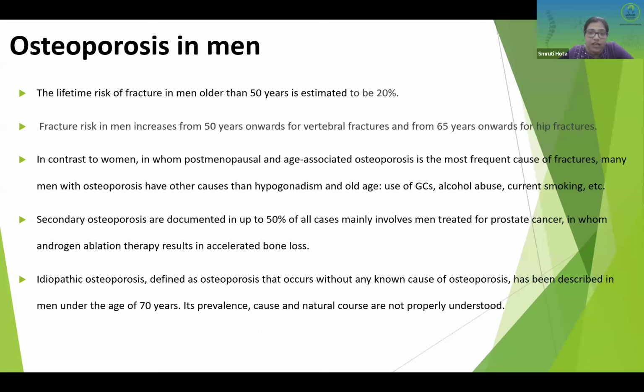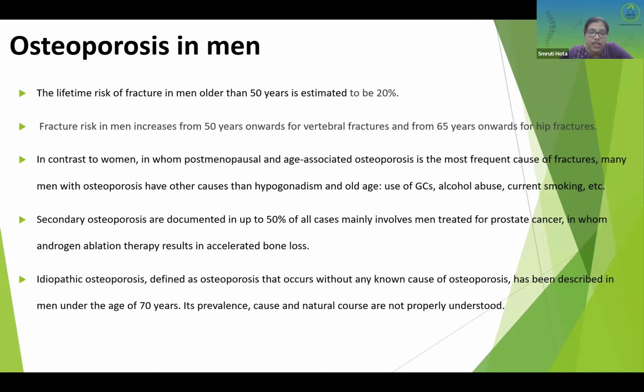Unlike females, where postmenopausal estrogen deficiency is the key driver, osteoporosis in men is far more often due to secondary causes like glucocorticoid use, alcohol abuse, smoking, and in particular androgen deprivation therapy in carcinoma prostate patients. A majority of these causes go unaddressed but lead to accelerated bone loss. Up to 50% of male osteoporosis is secondary, and is missed unless a fracture occurs.